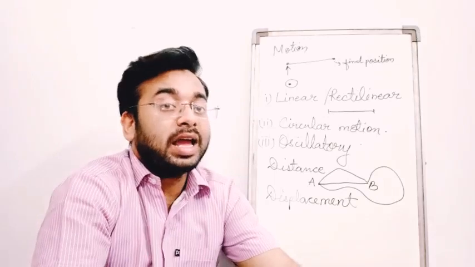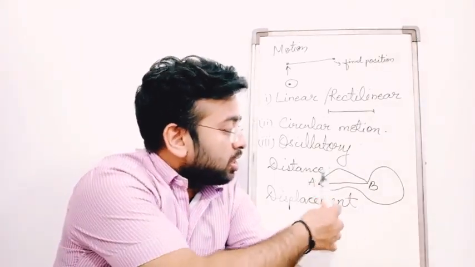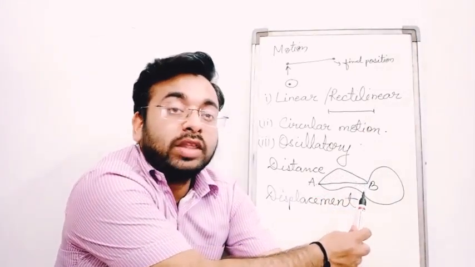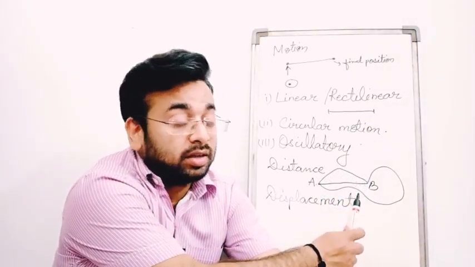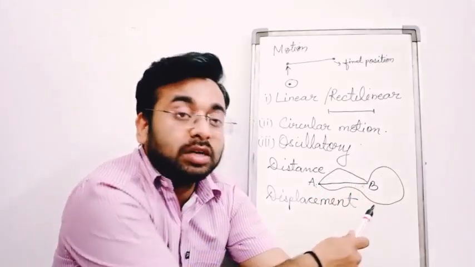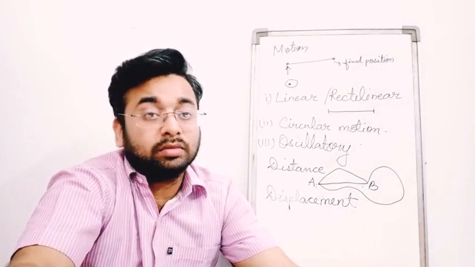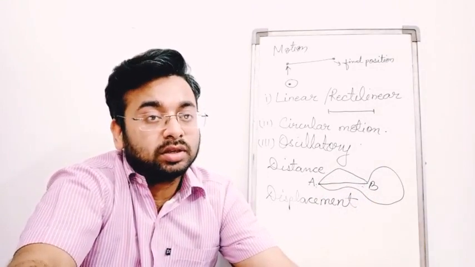Now distance is the actual path traveled from point A to point B. Whatever the actual path the body has traveled. So from point A to point B, the actual path traveled is termed as distance. The basic unit in which we measure distance traveled is meters, right?